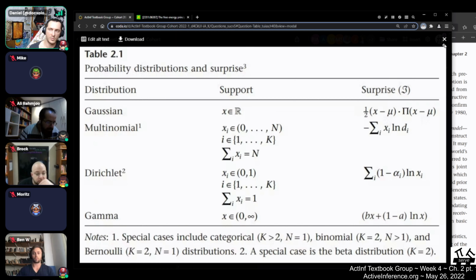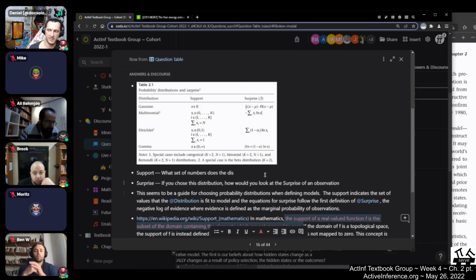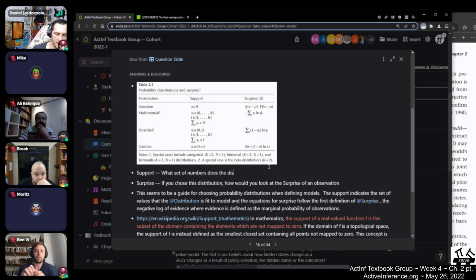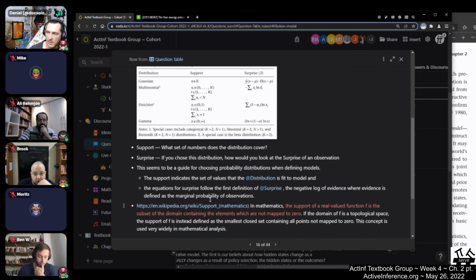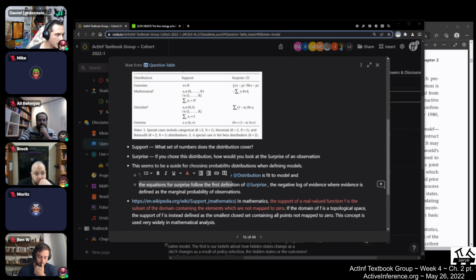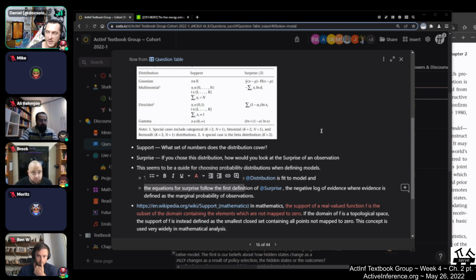And then what is the surprise? Does anyone know the name of the little squiggle they are using to represent surprise?